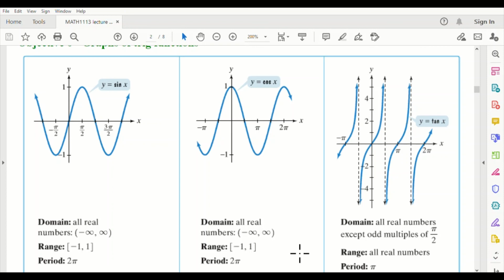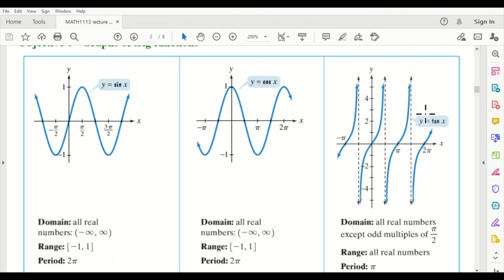Tangent, right? Tangent is a function that is a ratio of sine over cosine. So whenever cosine is 0, that's when we have this vertical asymptote, right? So this value here, pi over 2, is where we have this asymptote right here, because as the value of tangent approaches that pi over 2, well, cosine is getting really close to 0, and that's why it goes off to infinity.